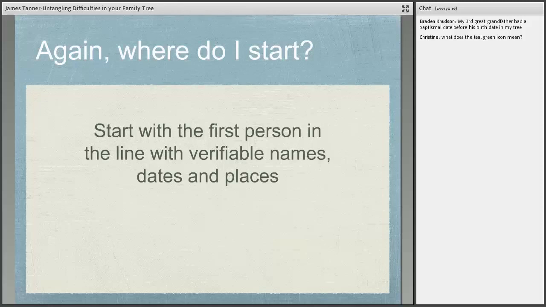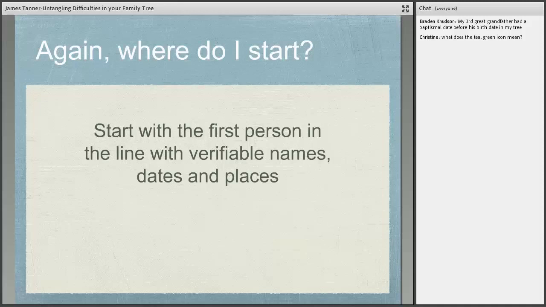I recently started some research on one of my family lines, and discovered that beginning with my great-great-grandfather, there were no records substantiating any birth, marriage, or death for any of the rest of the people in the line. Not one record that substantiated where these people were born, married, or died.